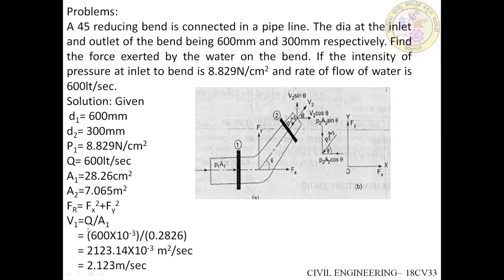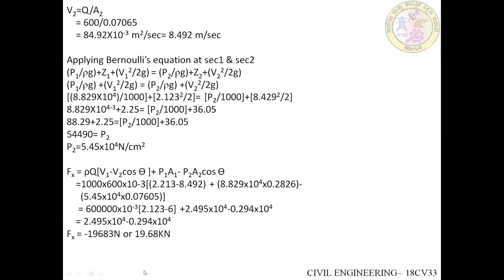Here velocity is calculated by using the continuity equation, that is Q divided by A1. It is coming around 2.123 meter per second. Similarly, calculate V2. It is coming around 8.492 meter per second. Now applying Bernoulli's equation at sections 1 and 2, you will get the value of P2, which is not given.